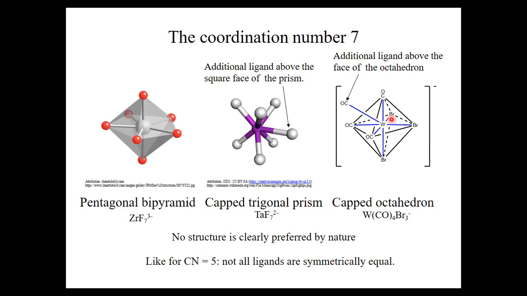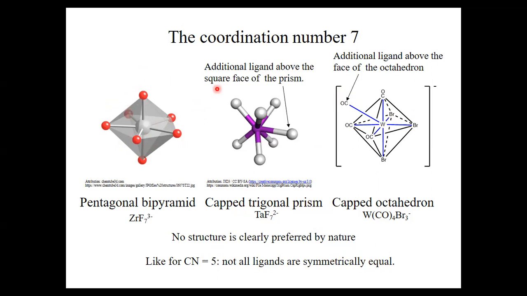Okay, so one additional comment is that, like for the coordination number of 5, the ligands are, in this case, also not symmetrically equal. So in this case here, for the pentagonal bipyramid, we distinguish again between axial and equatorial ligands.